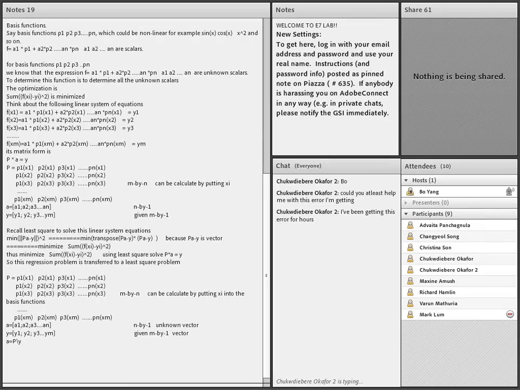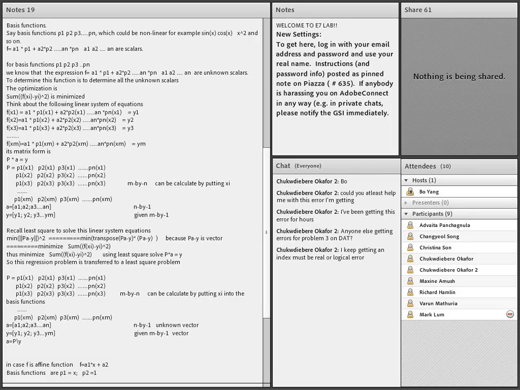Then we are going to see two examples. The first example is to use a thin function f equals a1 multiplied by x plus a2 as a regression function. a1, a2 are unknown. So the basis functions are p1 is x, p2 is 1.